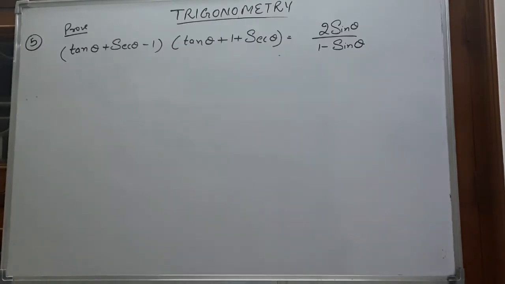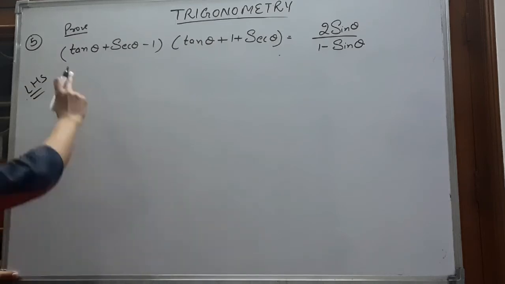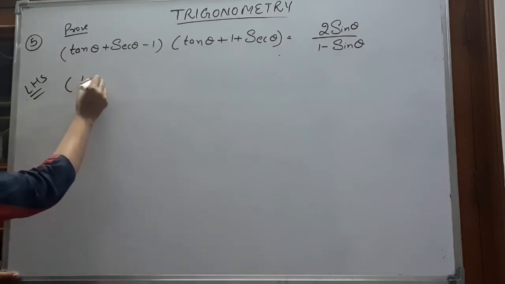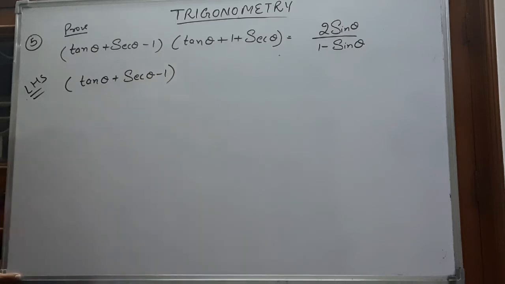Prove that tan theta plus sec theta minus 1 into tan theta plus 1 plus sec theta equals to 2 sin theta upon 1 minus sin theta. We will take left hand side. Our first term is tan theta plus sec theta minus 1.